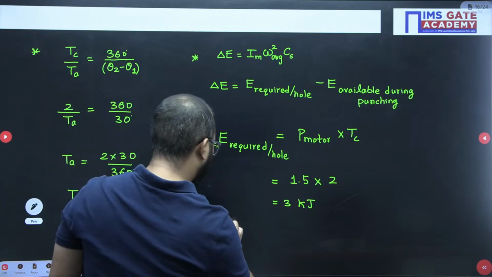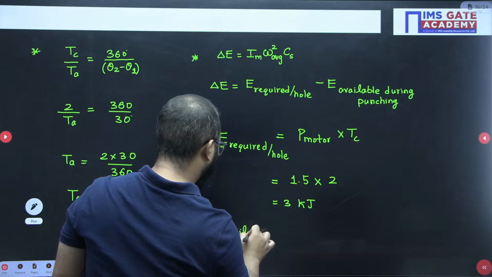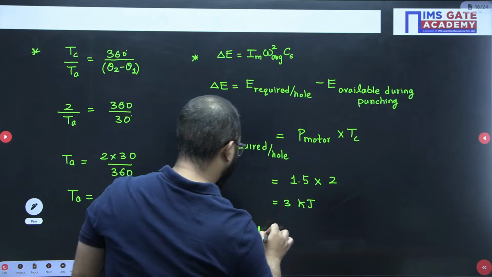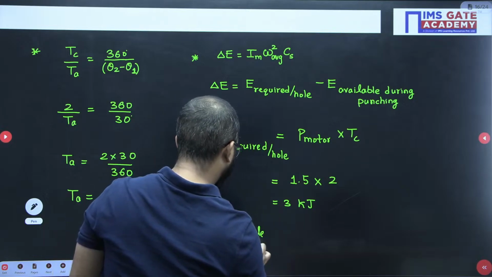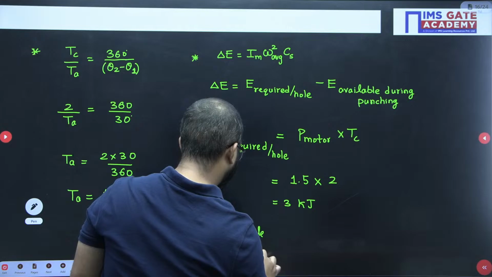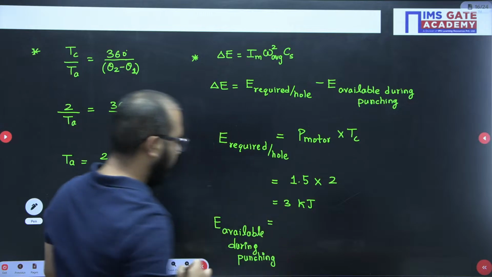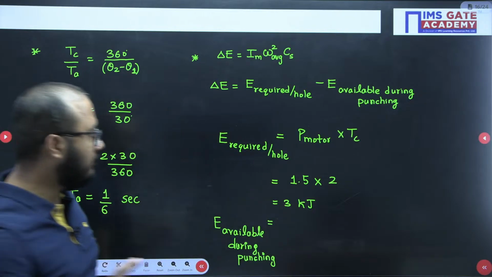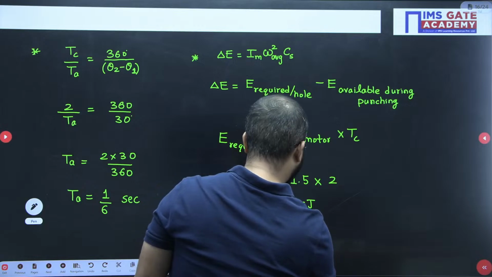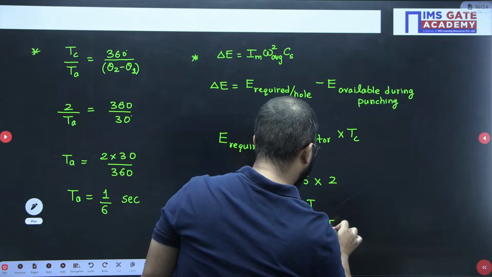Now energy available during punching. Here, power of motor multiplied by actual punching time.